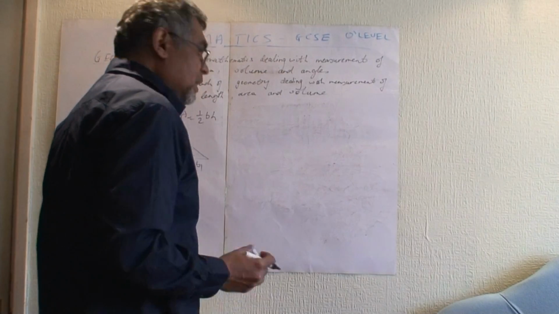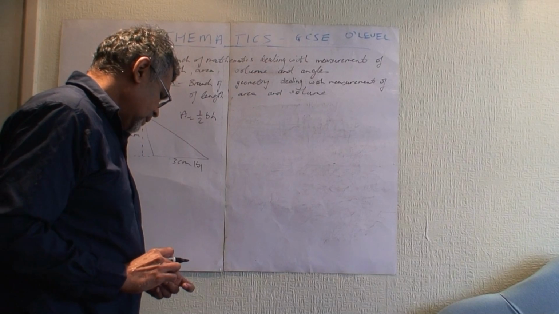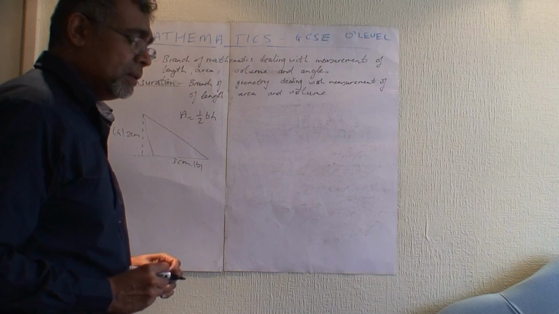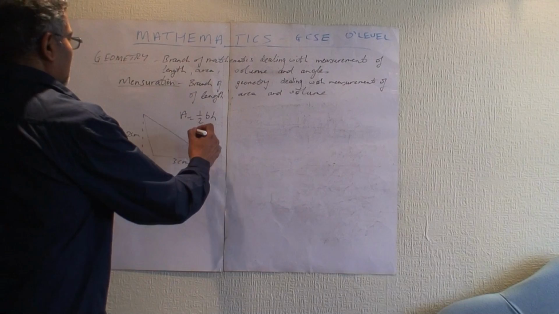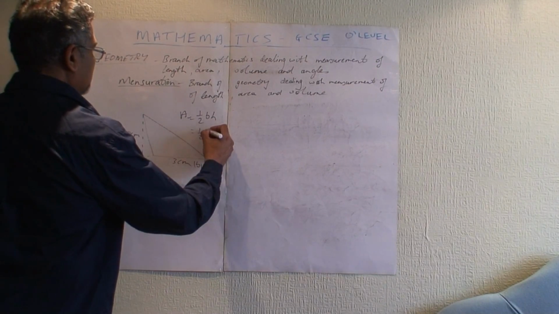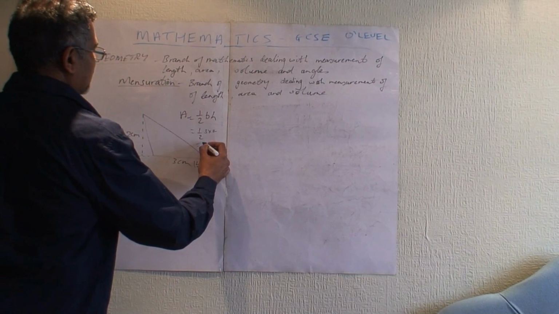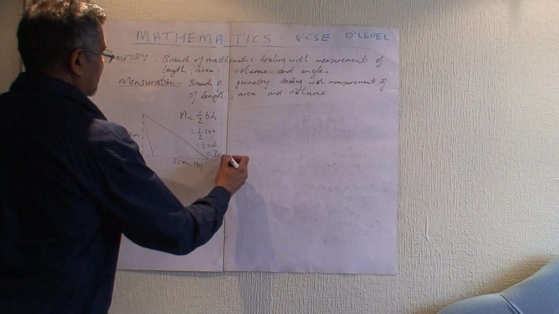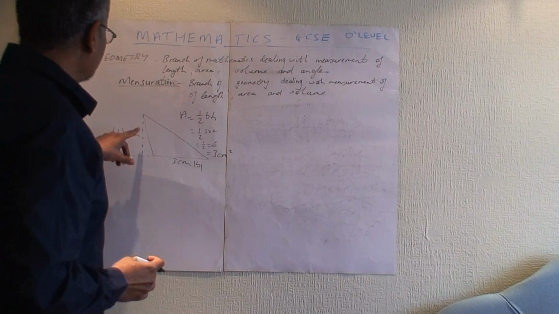It's the same formula that we did recently for the area of the triangle. Base is 3, height is 2, so that's half of 6, which is 3 centimeters square. Just don't forget the square.